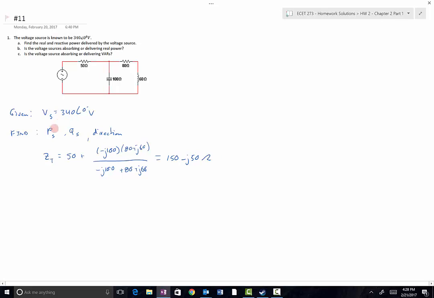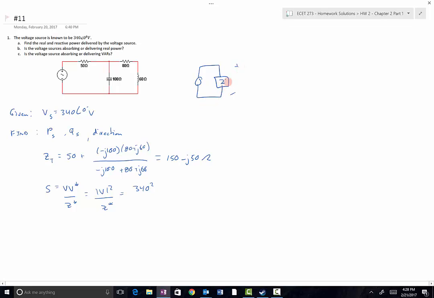To determine P and Q, I'm going to just use S, and I'm going to use V star over Z star, which is just equal to V squared over the complex conjugate of the impedance. So I get 340, which is the voltage.